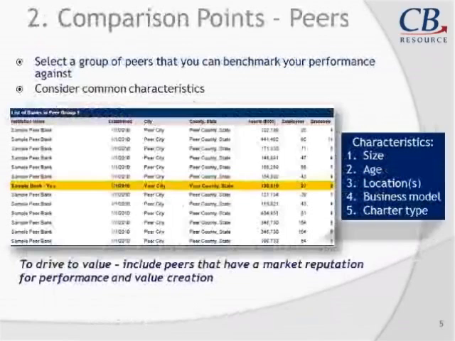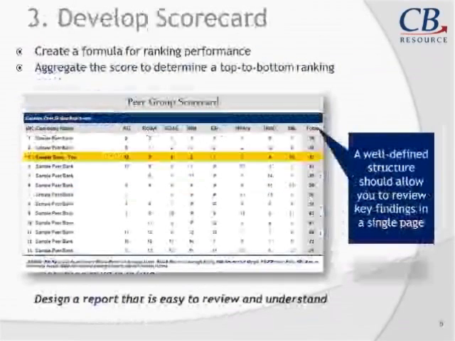And perhaps charter. Are they a sub-S with a particular focus, or a C Corp that trades? These factors weigh in as to how you select your peers. Now, in this case, we always recommend that in some respect you want to include some peers that have a market reputation, performance, or value creation, thereby implying a raising of the bar.